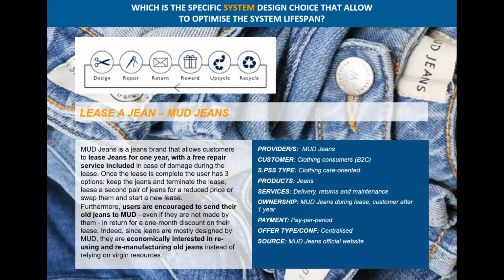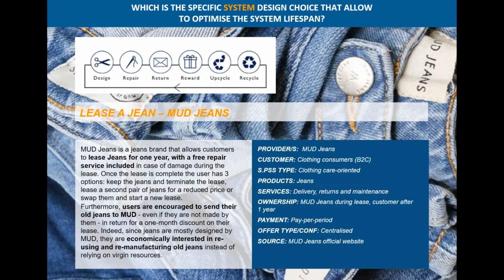So it's switching between a clothing care oriented and a product care oriented. But the thing is that anyway, it's offering some services that are included, and you have access for the first year to the jeans. Then it's product oriented, but it's kind of the same. Basically, you have access to clothing with services included. After 1 year, it changes slightly, but it's still, for example, pay per period, no?